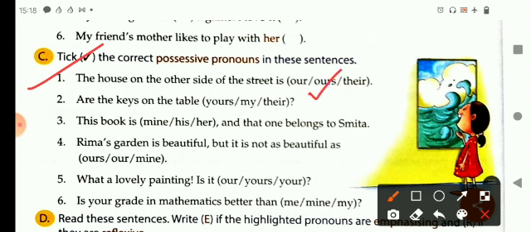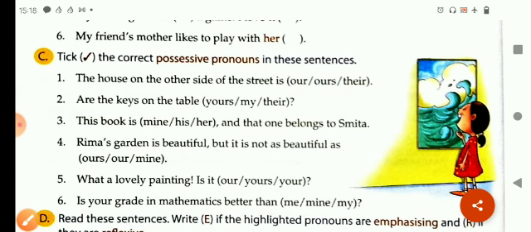The house on the other side of the street is ours. Second one: Are the keys on the table yours? This one is the correct option, the correct possessive pronoun. In this way, you can do the rest. You can find the correct possessive pronouns for the following sentences.